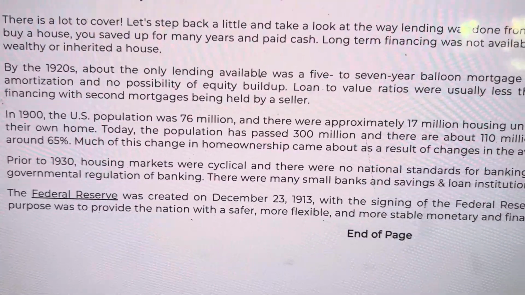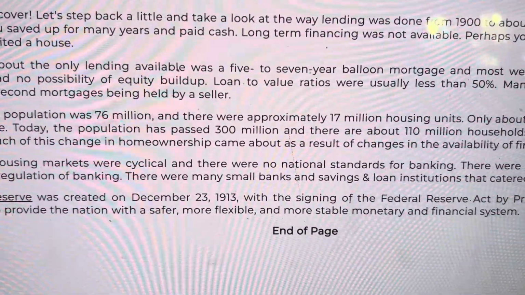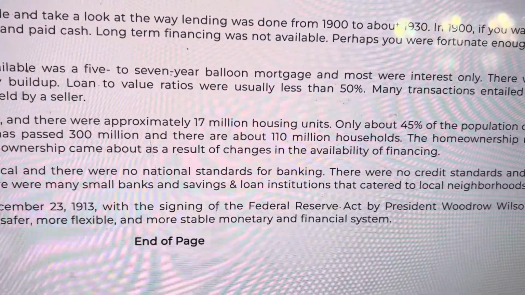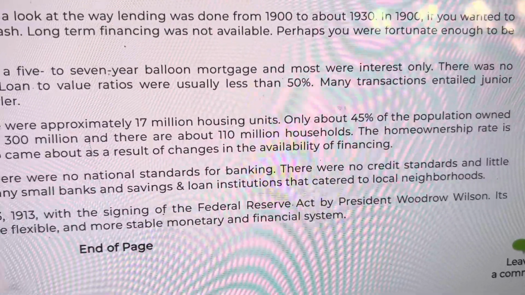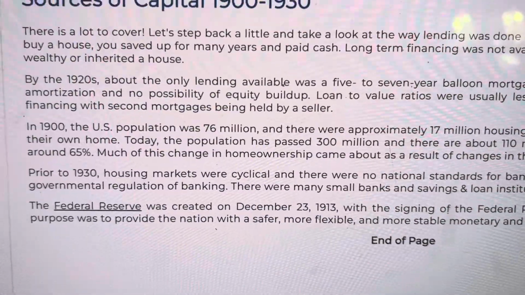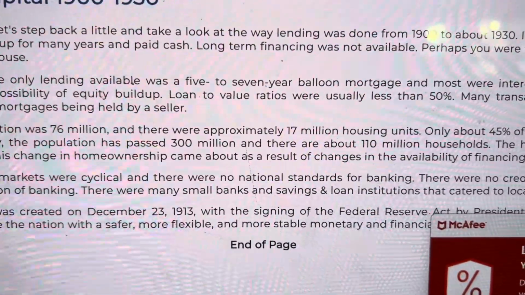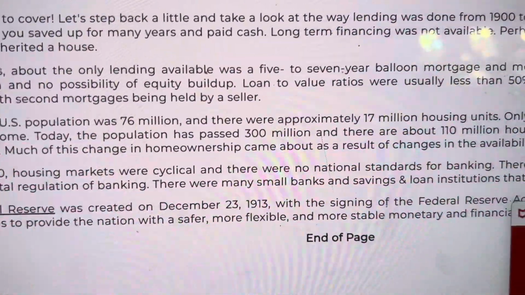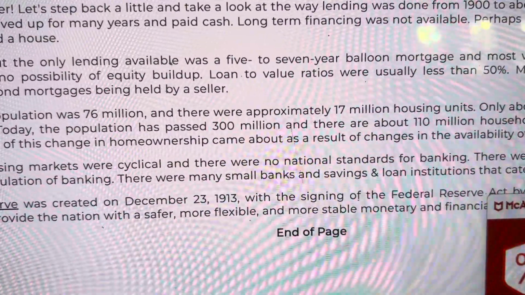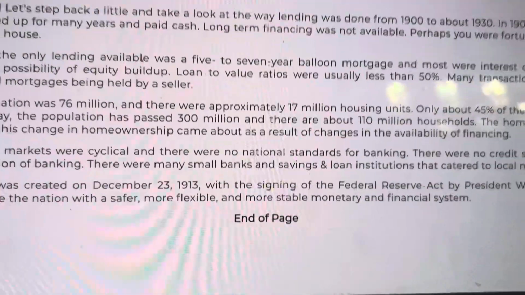The Federal Reserve was created on December 23, 1913, with the signing of the Federal Reserve Act by President Woodrow Wilson. Its purpose was to provide the nation with a safer, more flexible, and more stable monetary and financial system. End of page.